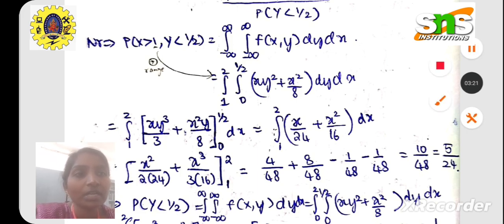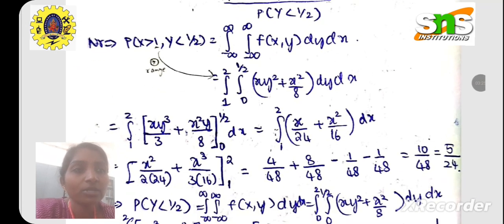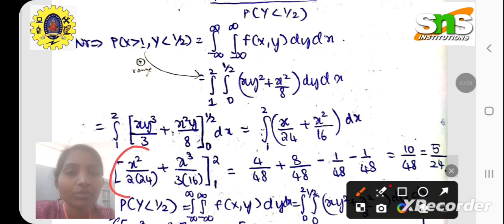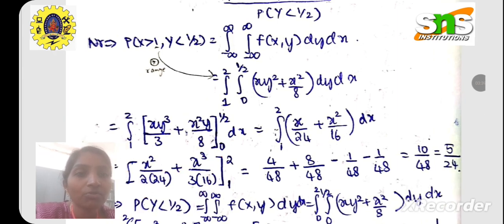So we will have x squared by 2 in the first term, and x cube by 3 in the second term. Applying the definite limits from 1 to 2, we will have the value 5 by 24 on simplification. This is our numerator value.